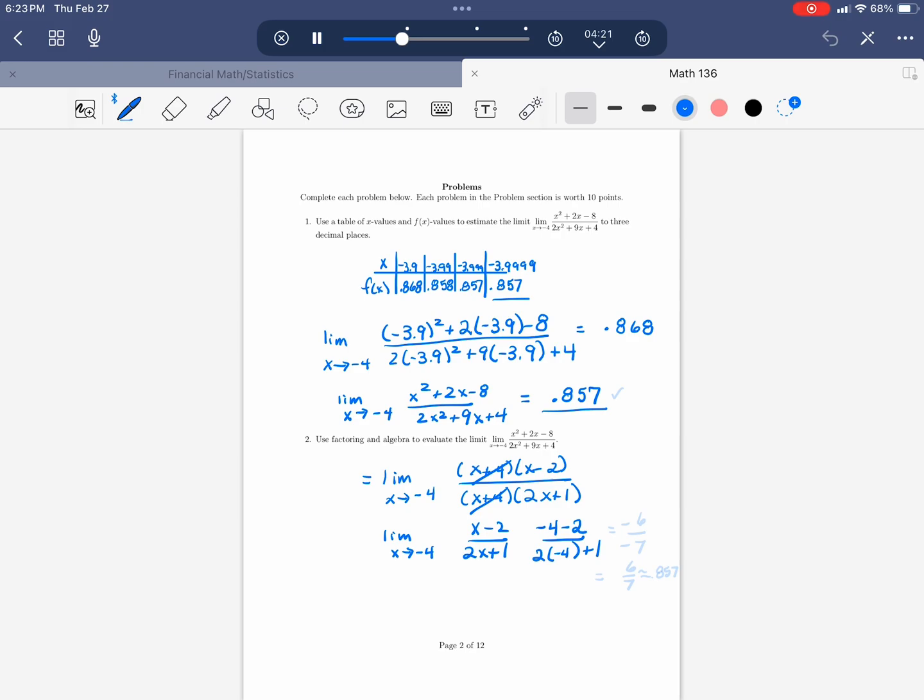And when we do that, we get -6 over -7, which equals 6/7. So your limit is 6/7. And that as a decimal is approximately 0.857, which is this exact same function that you had on number 1. So it checks out that those two are the same.